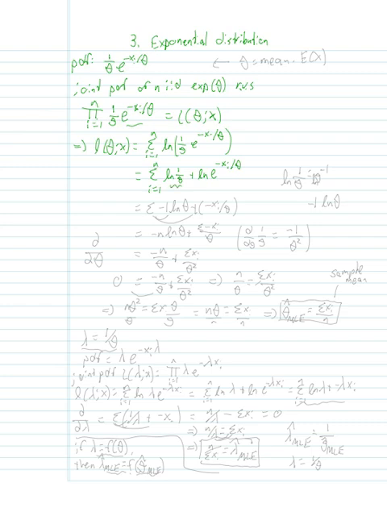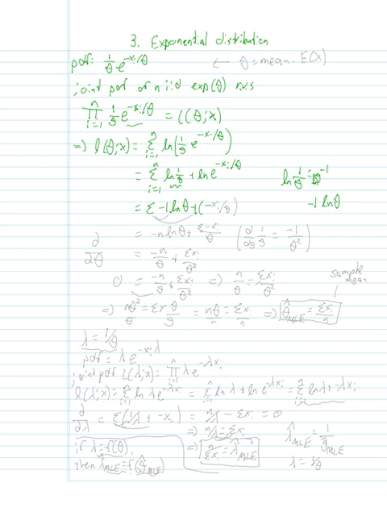Natural log of this, note that 1 over theta is equal to theta to negative 1, so ln of these is equal to negative 1 ln of theta, right? Plus, now natural log of e to any power, the ln and the e will cancel out with one another.